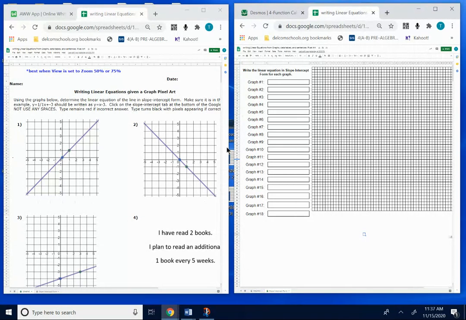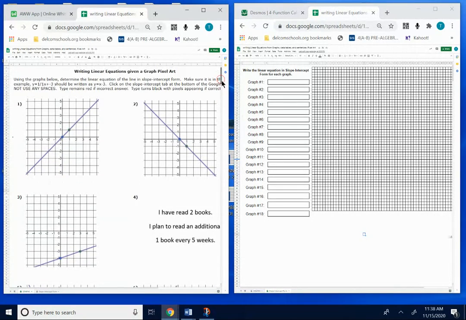Then you see everything better. So what you're going to do, it's either going to be a graph, a data table, or a sentence. You just want to type in the equation. I didn't change the graphs to say sentences or data tables, so just work with me.